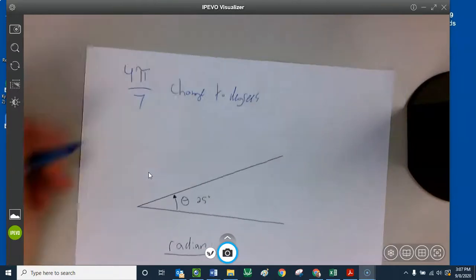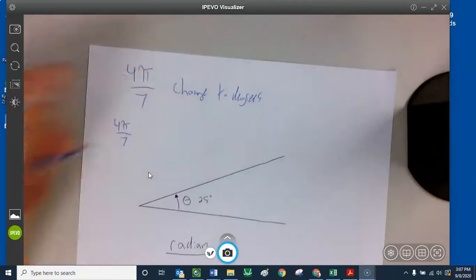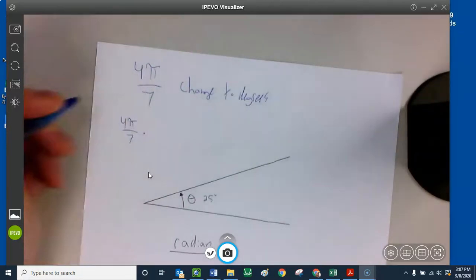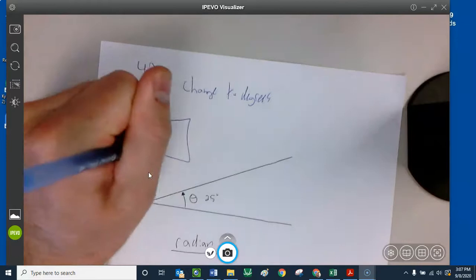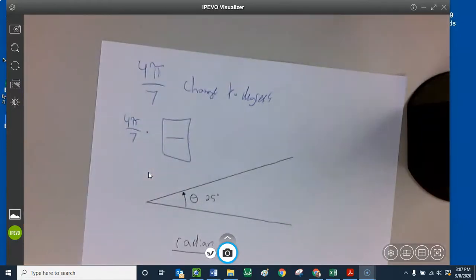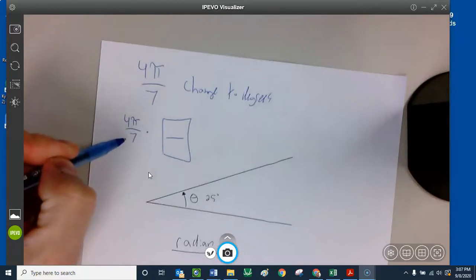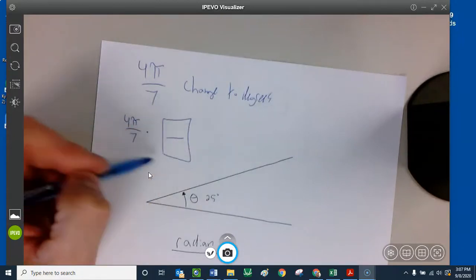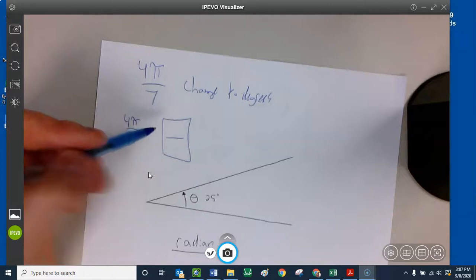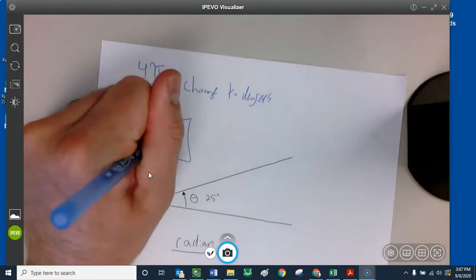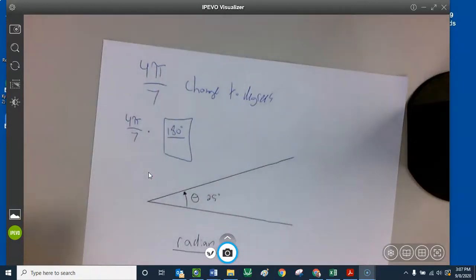Okay, we're back. 4 pi over 7 radians. We have those conversion factors. We have these little stepping stones, if I've described that to you yet. But right now, these are in radians. So I don't want it to be in radians. So I know in my conversion factor, whatever I do, I need radians to be on bottom. Okay, well, the conversion factor I know is that 180 degrees is pi radians.